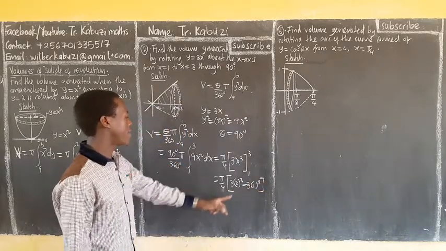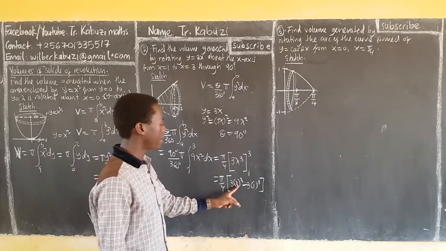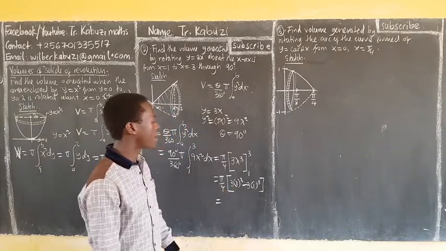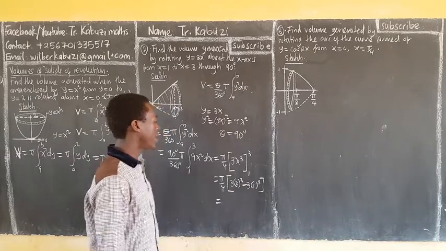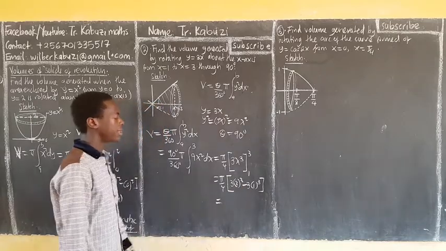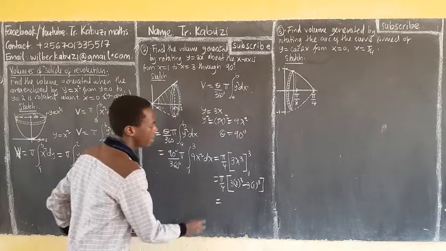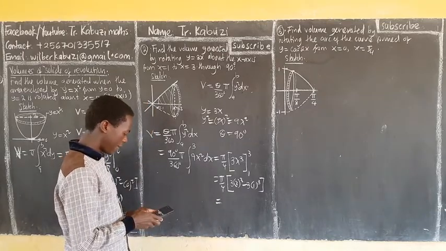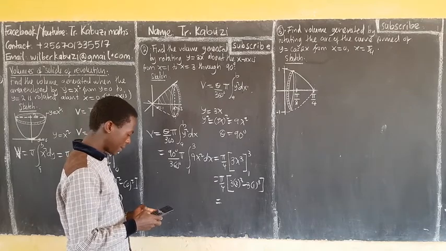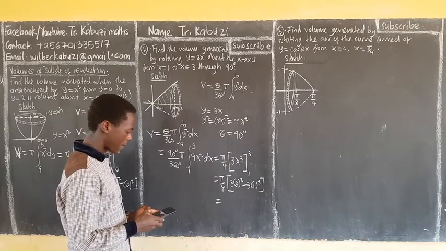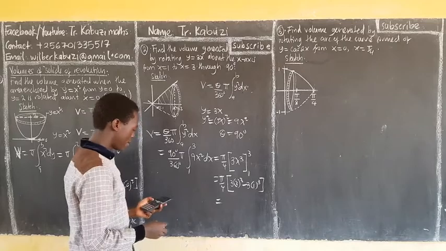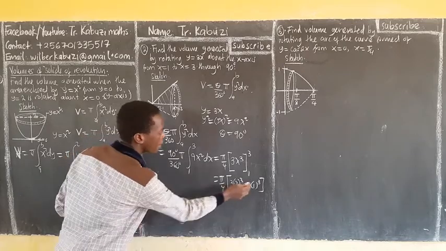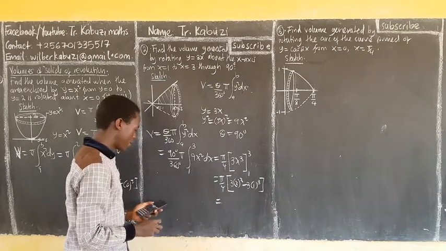Here, this will be 27 times 3, that's 81, 81 minus 3, I think that's 78. So this will be 78 divided by 2. You get your 78 divided by 4. So this is the same as 78 divided by 4.